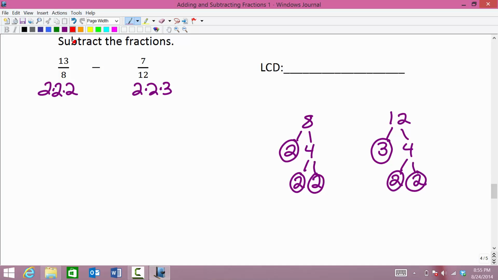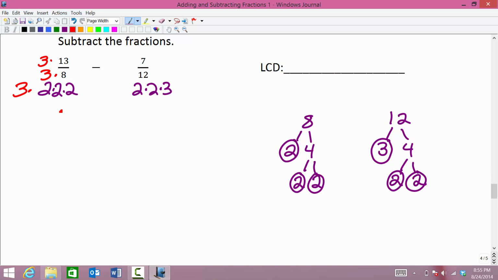Now we have the prime factors of both of our denominators. Now what we want to do is look at the first denominator and see what it is missing that the second fraction has. The second denominator has a 3 in it, so we'll go ahead and multiply in a 3. And we'll do that times the bottom and top of the original fraction. Now what is the second fraction missing? What is that second denominator missing that the first one has?